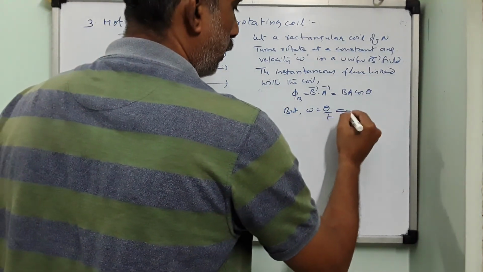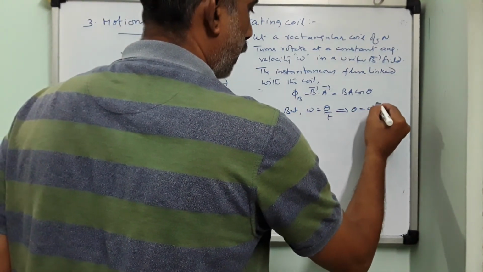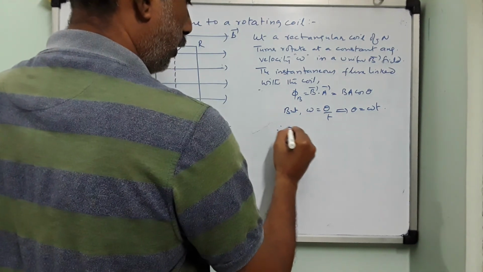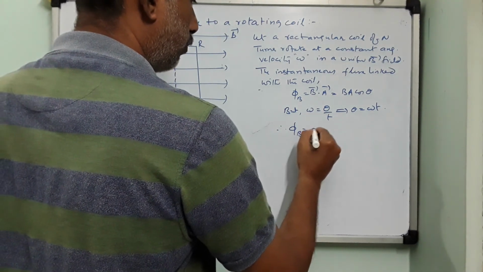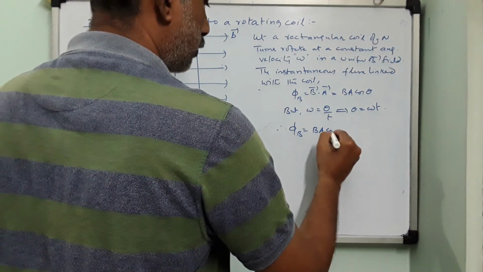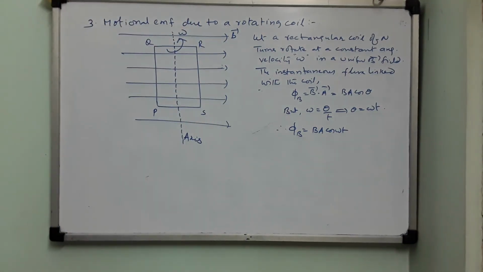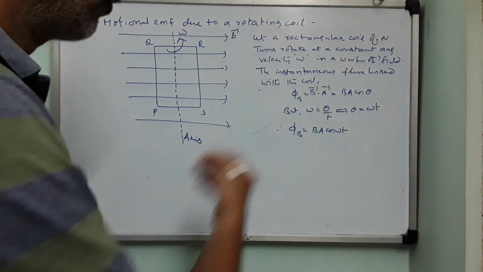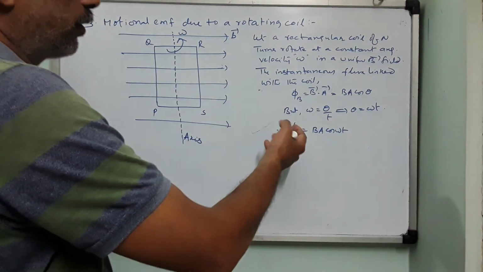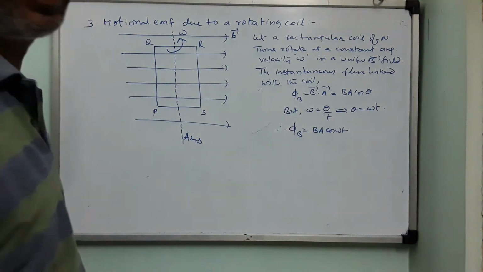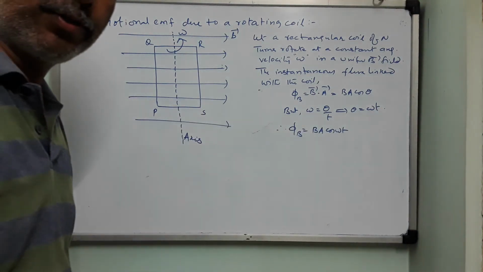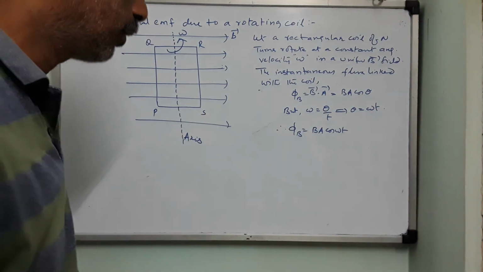So this will be theta equals omega into t. Therefore, your instantaneous flux will become BA cos omega t. Now with n turns, the instantaneous total flux is nBA cos omega t, or the EMF induced in the coil totally, there also you can.